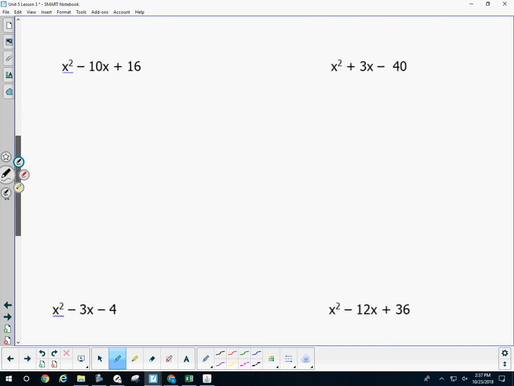Okay. Do these four really quickly. I don't know where the X comes from. That's all I know. I know that if you know how this got to be this, where you're multiplying two things like this, and the two numbers added to get the middle because they were like terms and they multiplied to get the last, that's all I care about.